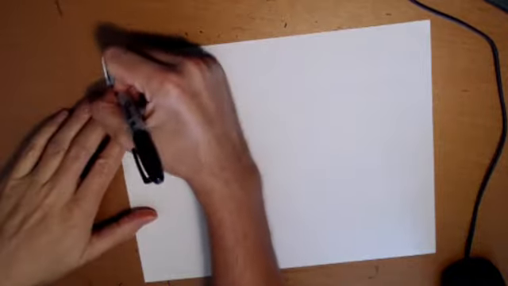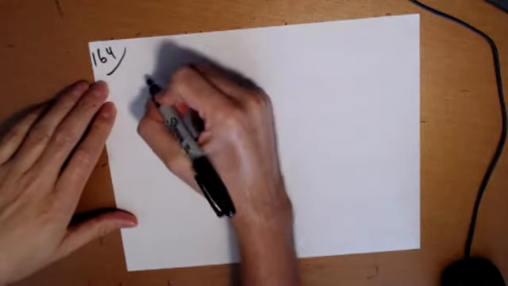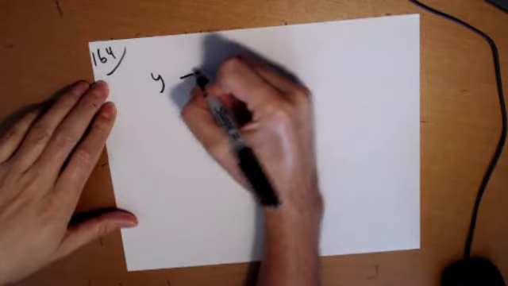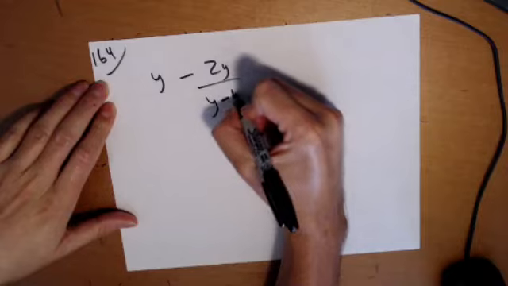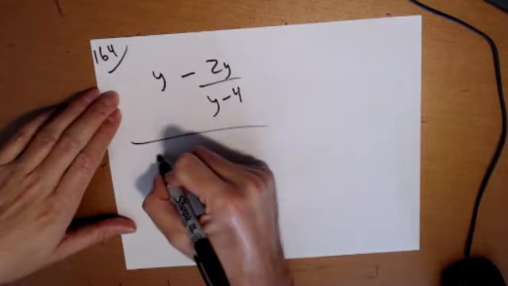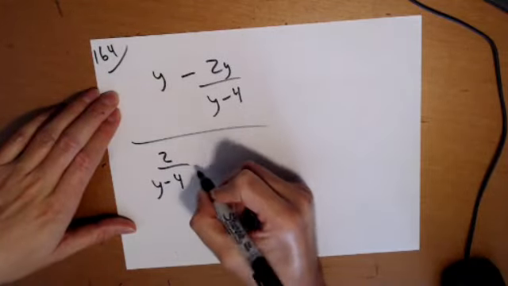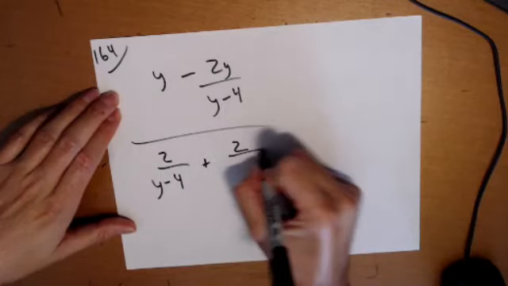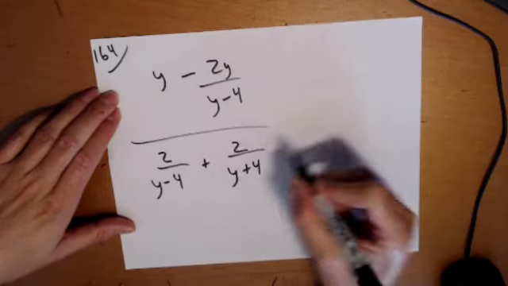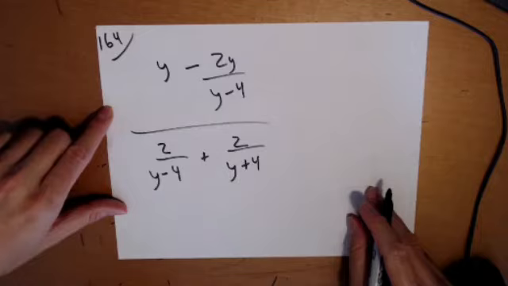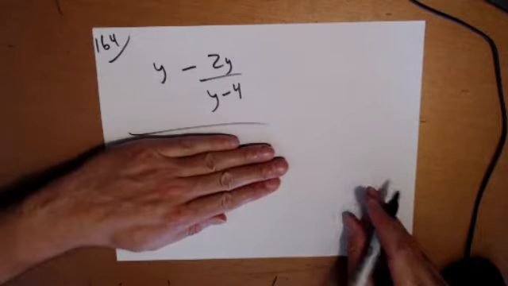164. y minus 2y over y minus 4 all over 2 over y minus 4 plus 2 over y plus 4. Okay, so I'm going to focus just on the top.